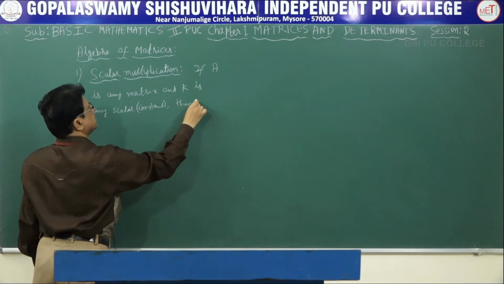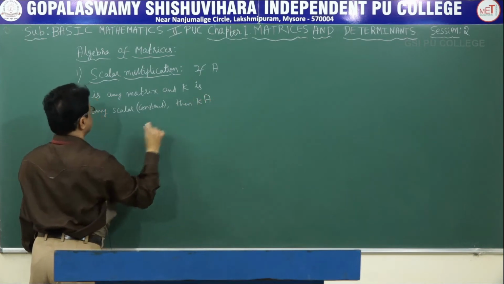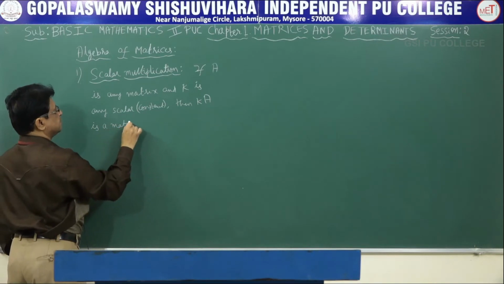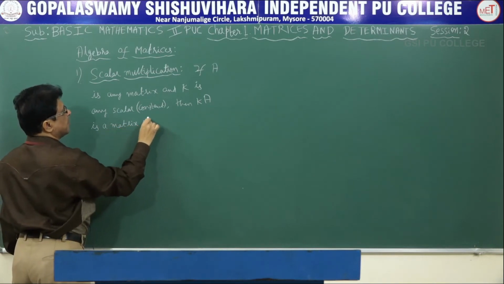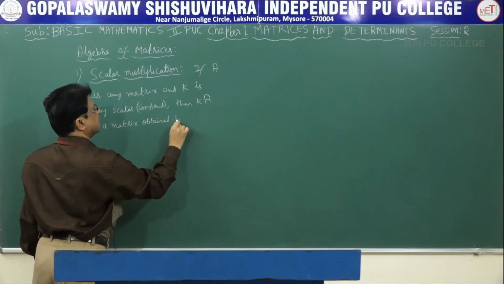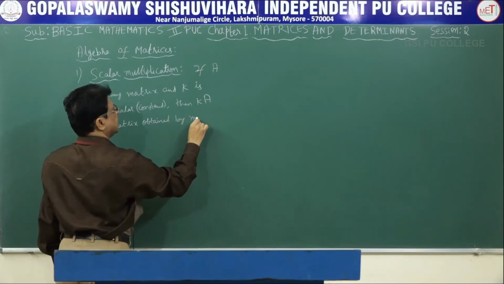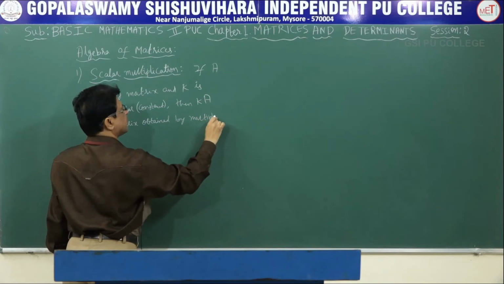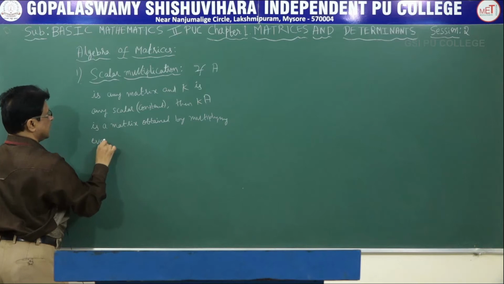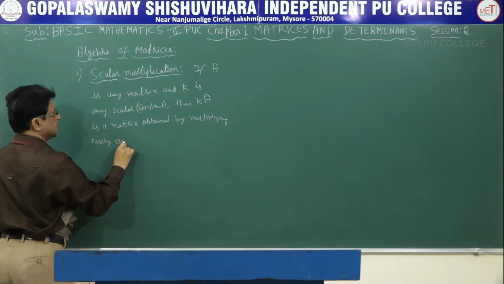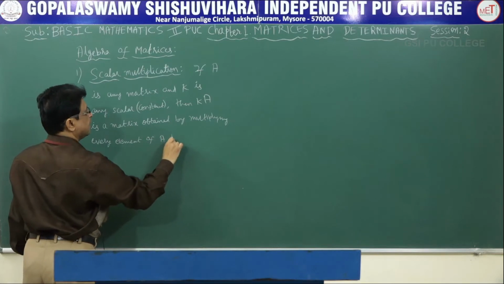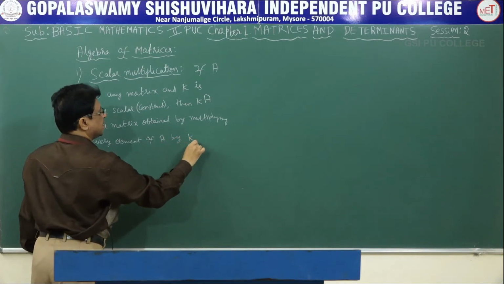then kA is a matrix obtained by multiplying every element of A by k.